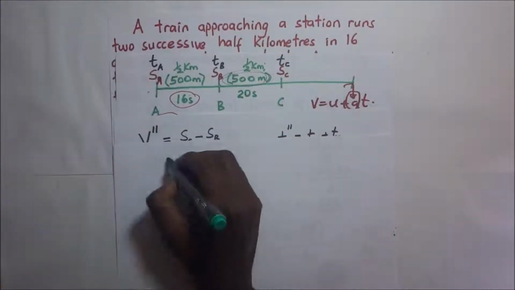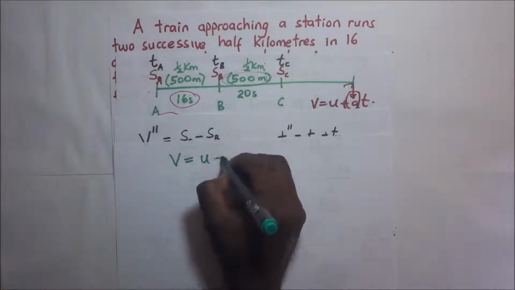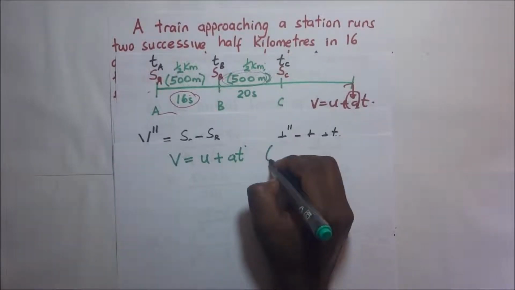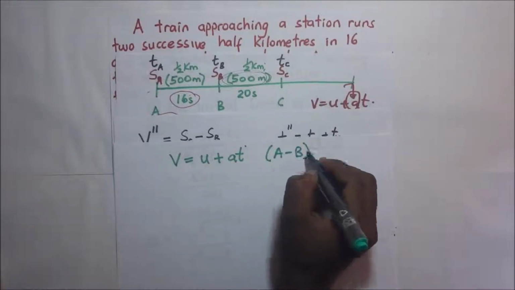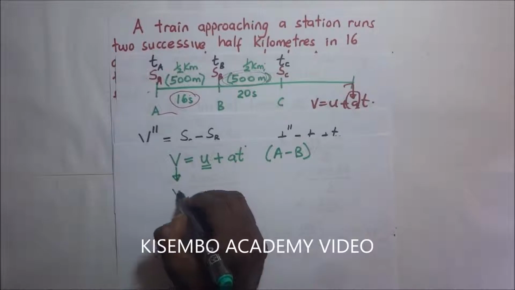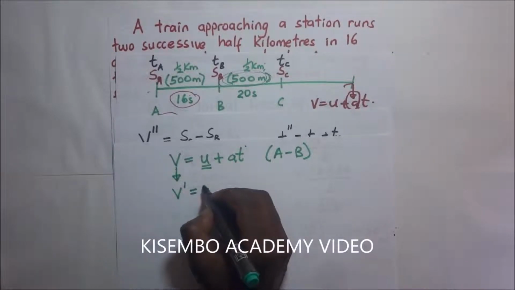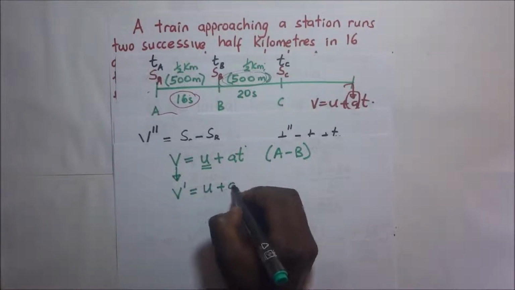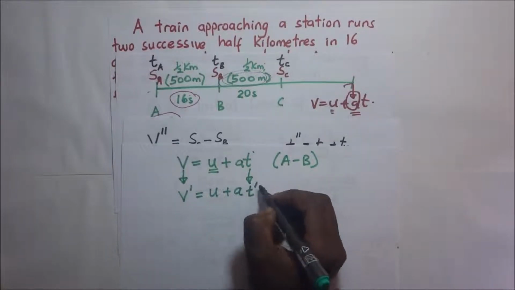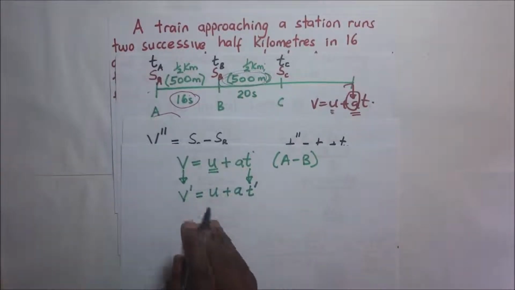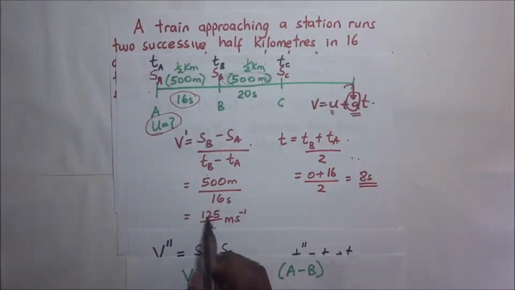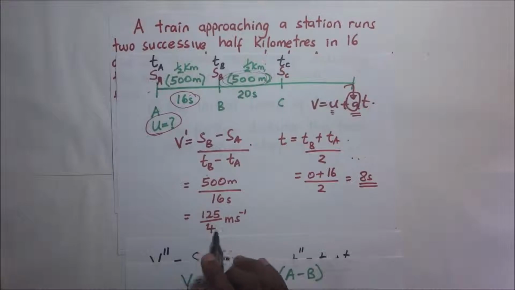If I look at it from A to B, for me to be able to get the value of u, my v is supposed to be v prime, which is equal to u plus the acceleration times t, and my t is supposed to be t prime. So my v prime, from what I got, is 125/4 right here.